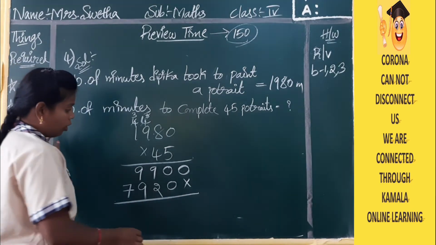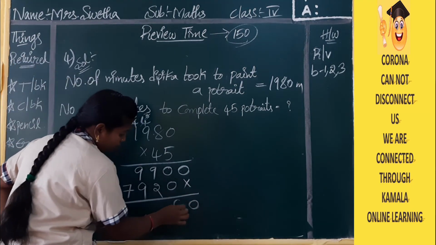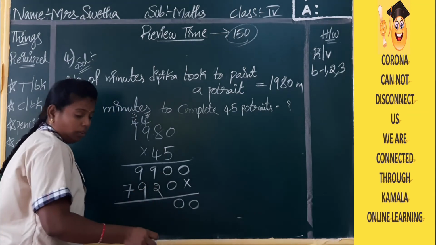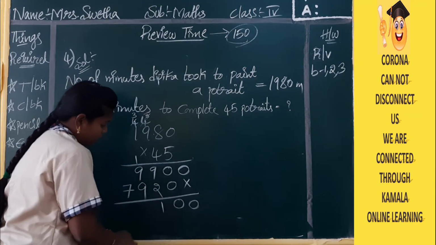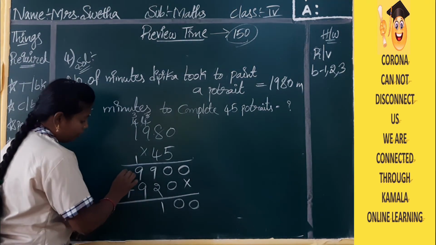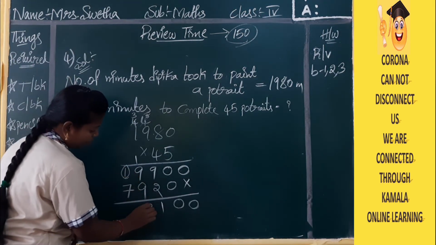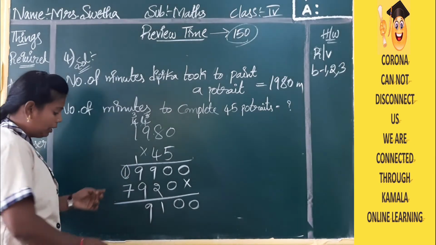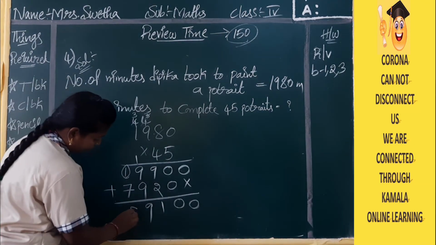Now we have to add all this. 0 here, 0. 9 plus 2, 11, 1 is up, 1 is down. 9 plus 9, 18, 18 plus 1, 19. So 1 is up, 9 down. 7 plus 1 is 8 again.